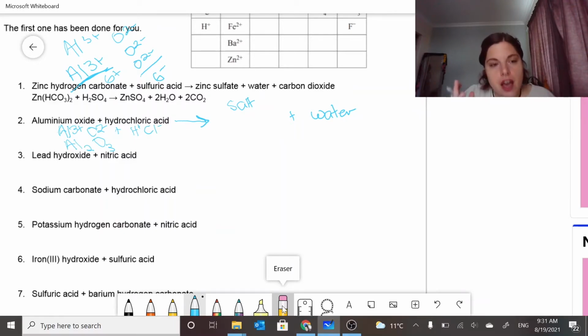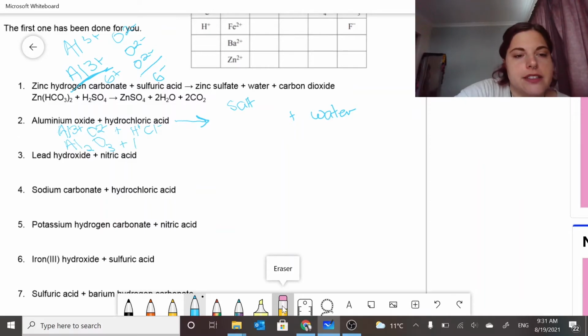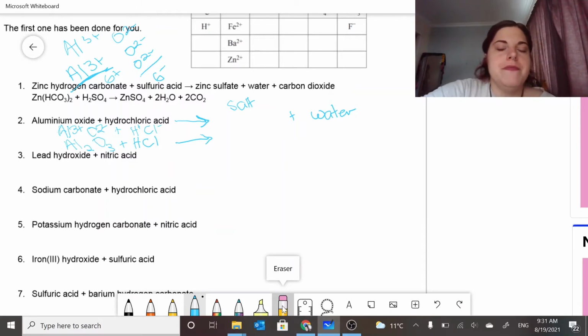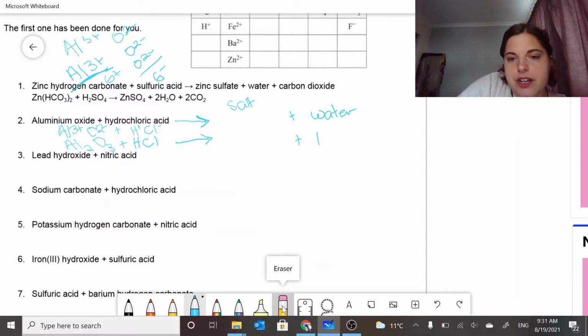Okay. Hydrochloric acid is already balanced because it is H plus, Cl minus, 1 to 1. So it's Al2O3 plus HCl goes through to something. We've got water that takes care of our H2O, we just write that in.